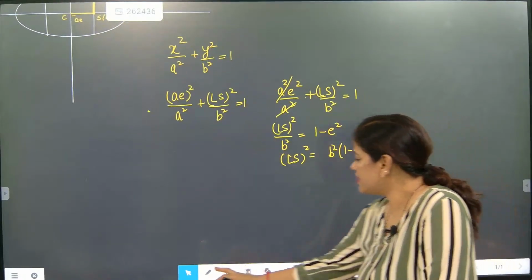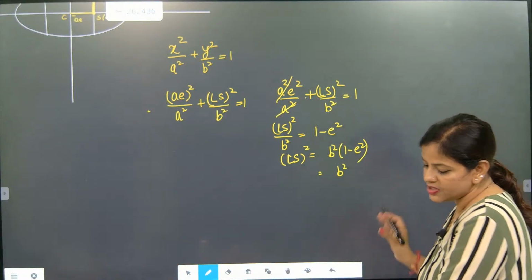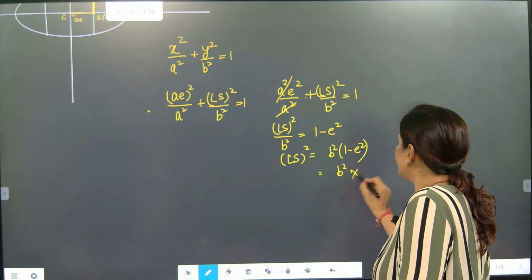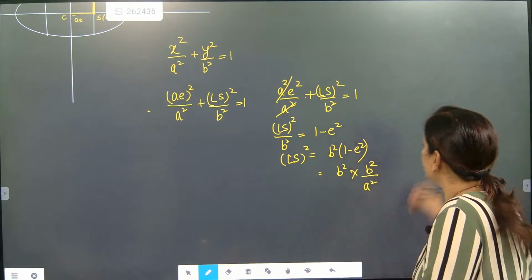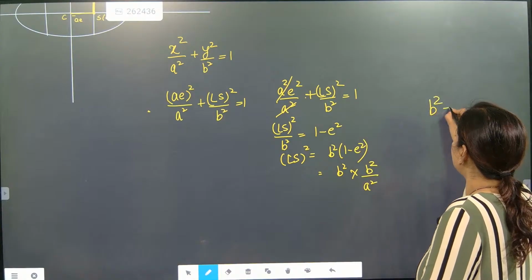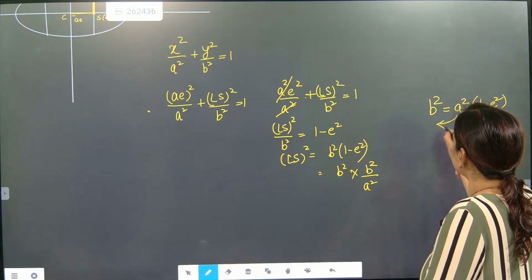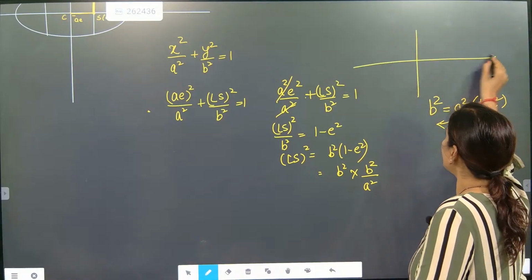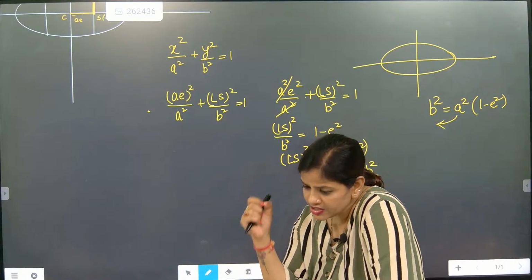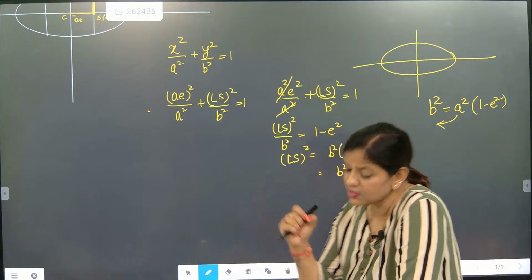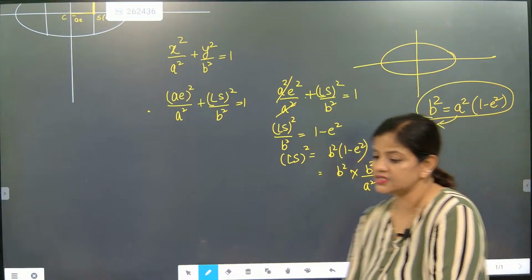Now beta, what is the formula for 1 minus e square? Just now I taught you that b square is equal to a square times (1 minus e square), so 1 minus e square becomes b square by a square. This holds when the major part of the ellipse is resting on the x-axis.